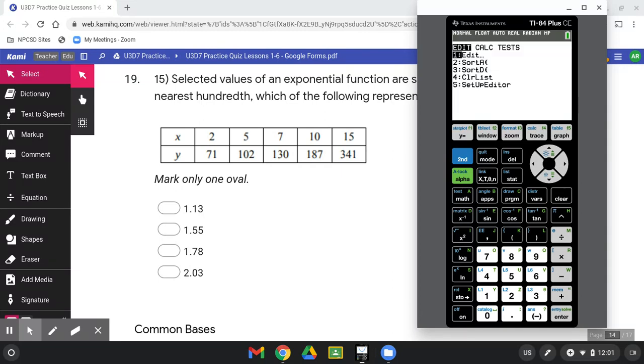Then Stat, Calc, and I'm going to scroll down to Exponential Regression, go down to Calculate, and I see that my B value is equal to 1.13.